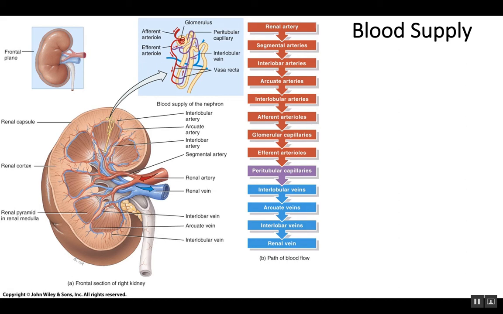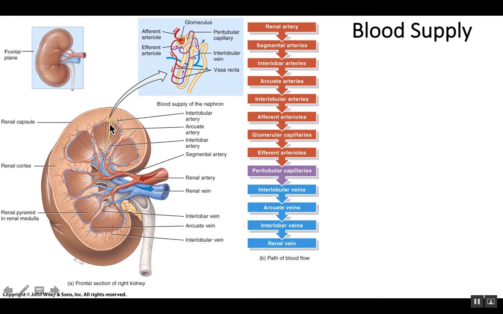Then, very important, they supply a nephron. And the arteries, by now they're arterioles, they've gotten very small, that supply each nephron is known as the afferent arteriole. That guy is pretty important. There's 1 million of them, because each of the 1 million nephrons needs its own blood supply.